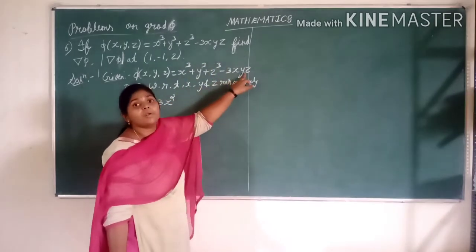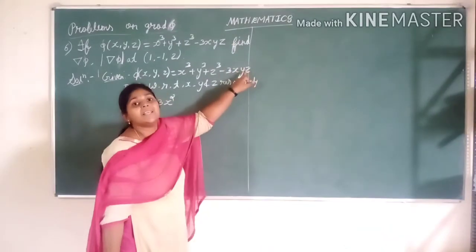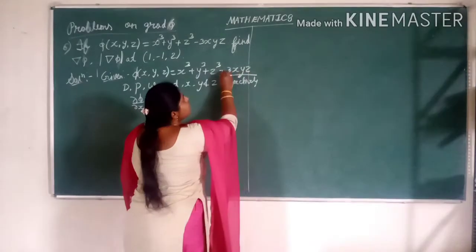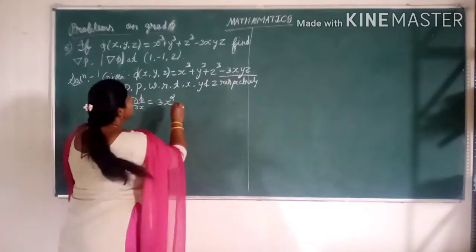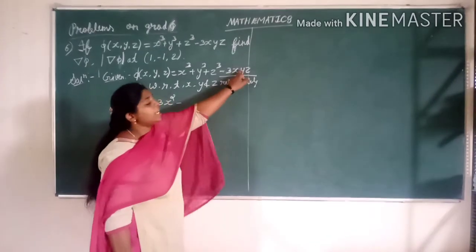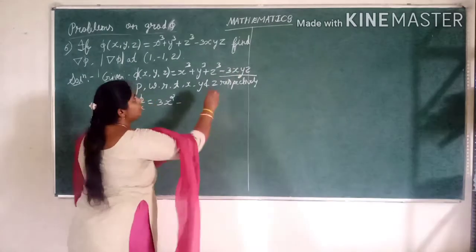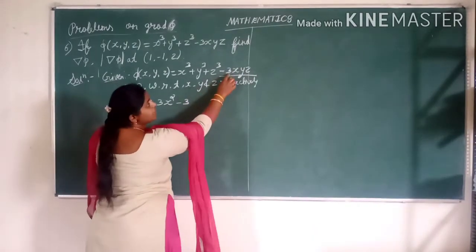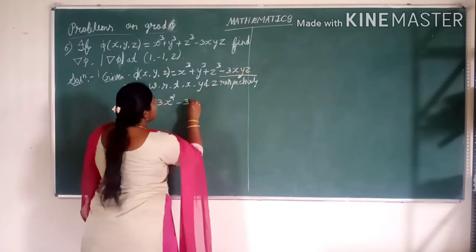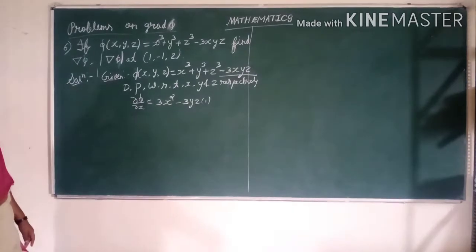But here, in the product term, we cannot take the whole term as a constant. Only minus 3yz is the constant. You know the differentiation of a constant times a function: keep the constant as it is and differentiate the function with respect to x. So we keep minus 3yz as it is, and the differentiation of x is 1. This is dou phi by dou x.